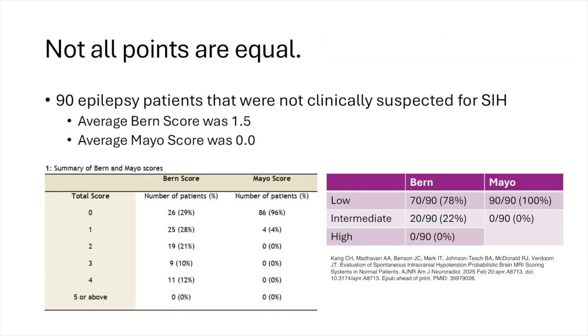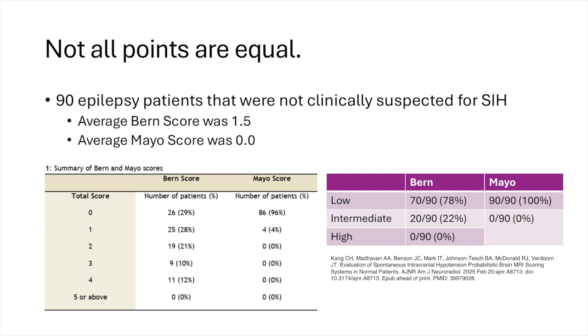And what do I mean by that? There was a recent paper by Kane et al. who looked at 90 epilepsy patients. They chose epilepsy patients because they have MRIs equivalent to SIH patients that were not clinically suspected for SIH. The average Bern score was actually 1.5, and the average Mayo score was 0. And what's interesting is if they stratified these patients by low, intermediate, or high, there were actually 20 patients with the intermediate score.